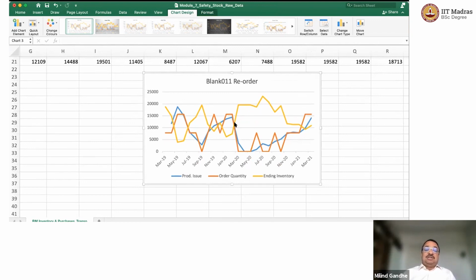When production issue was low, ending inventory stayed high. When ending inventory went very high, the order quantity went to zero. Correct. Good, actually.